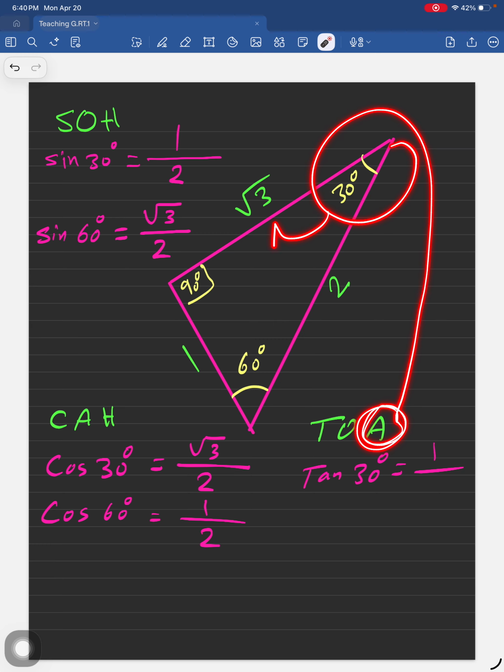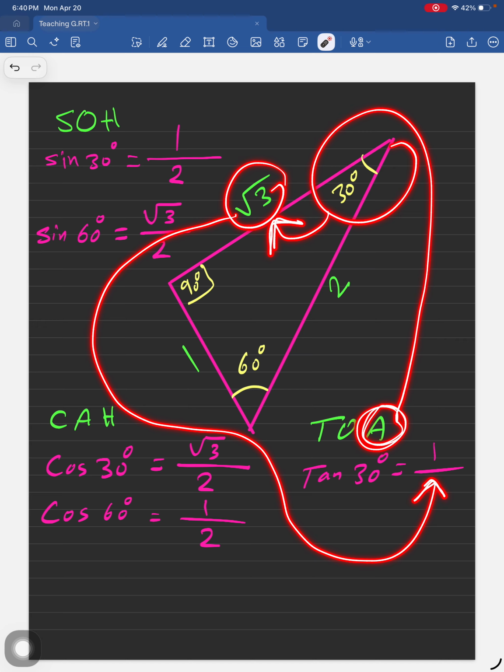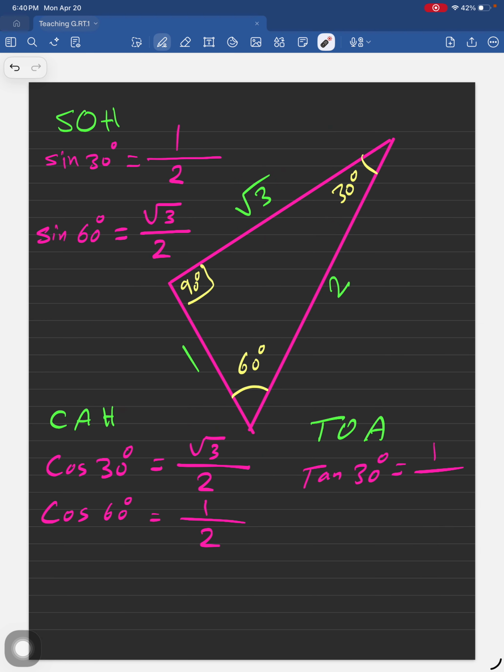Here is the nearest side for the 30, which is square root of 3. Take the square root of 3 and write it down here in the denominator. So the tangent of 30 is 1 over square root of 3: 1 as the opposite of the 30 and square root of 3 as adjacent to the 30.